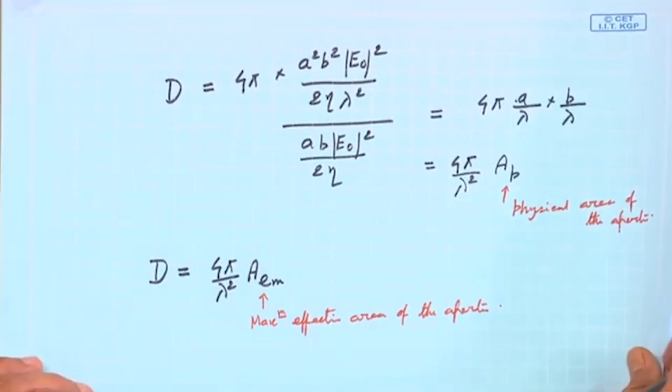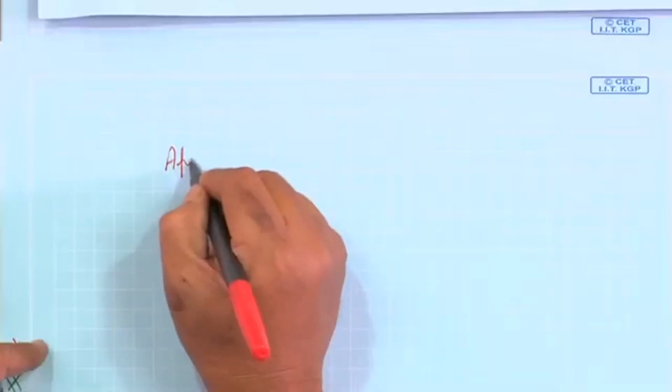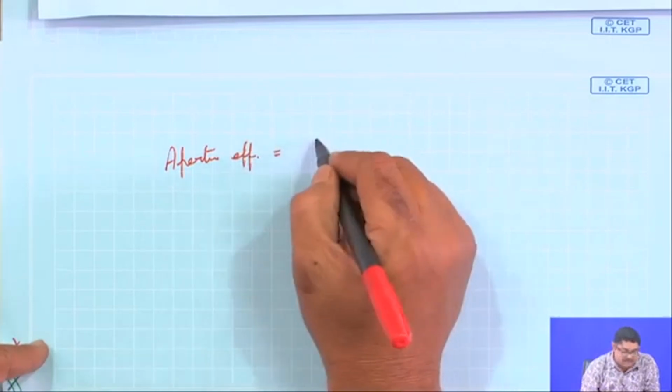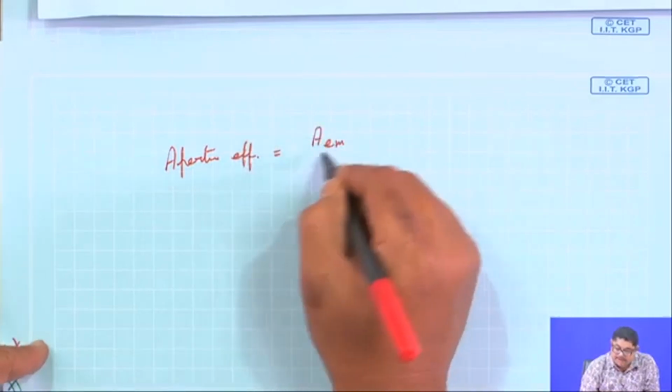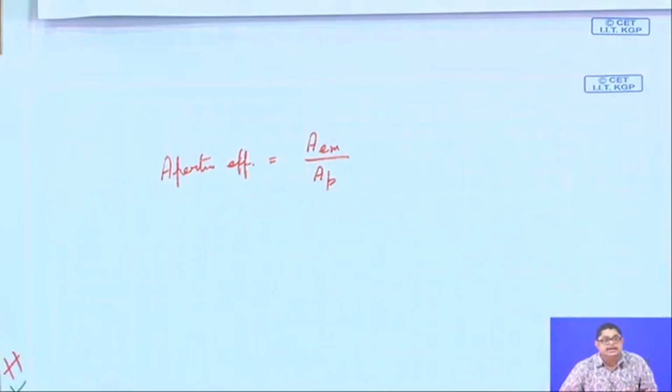Now, we have defined a term called aperture efficiency. What is aperture efficiency? Aperture efficiency is A EM by A P, because any antenna designer's wish is to make A EM as large as possible.